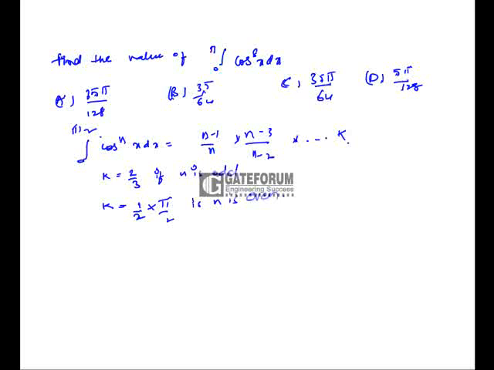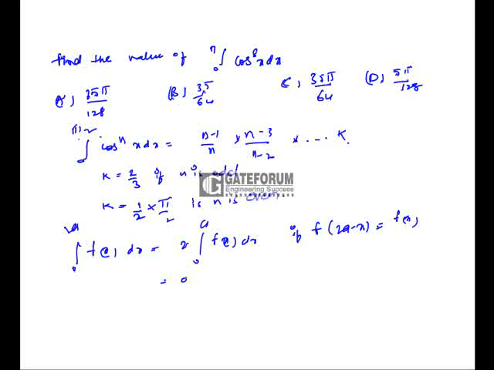Here 0 to pi is there, but in the formula it is 0 to pi by 2, and we know that integral 0 to 2a of f of x dx is equal to 2 into integral 0 to a of f of x dx if f of 2a minus x is equal to f of x, and it is equal to 0 if f of 2a minus x is equal to minus f of x.